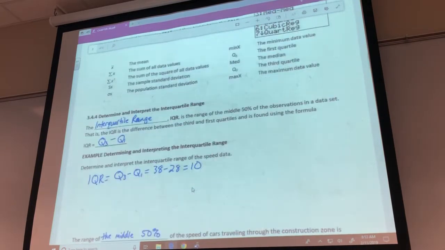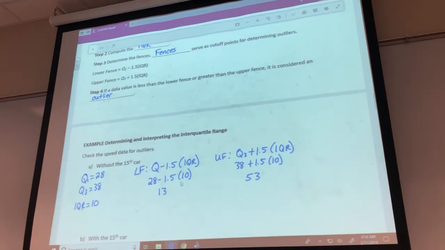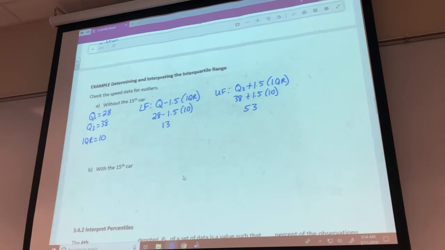So all of our data values fall in between these two numbers. In that case, we're not going to have any outliers. So I'll say all numbers are between 13 and 53, so there are no outliers for that one.